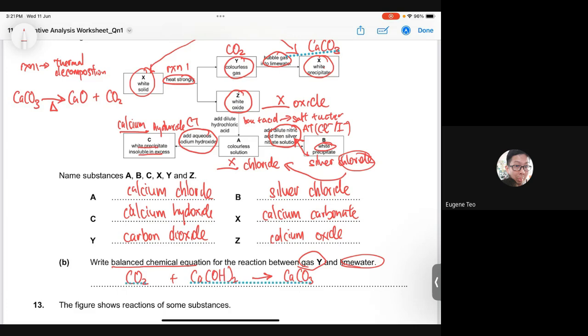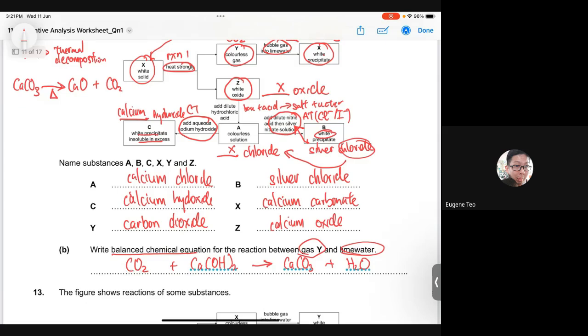Do you realize that for Ca(OH)2, if I just put CO2 there, what I'm left with is water? So you can just write down the equation and use a bit of logical thinking. If I get calcium carbonate, what's the thing that I have left? It's actually water. So in case you forgot this equation, you can figure it out by writing down the products and reactants, and you will get the final answer.